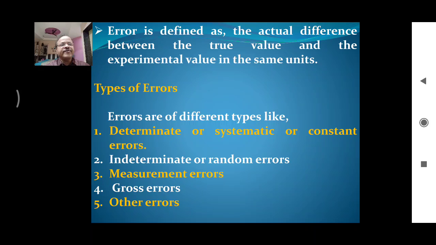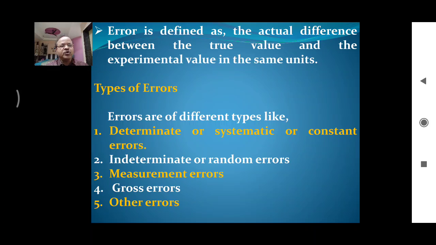So error is defined as the actual difference between the true value and the experimental value in the same units. That is important, and it is a simple one. The difference between the true value and the average experimental value is nothing but the error.